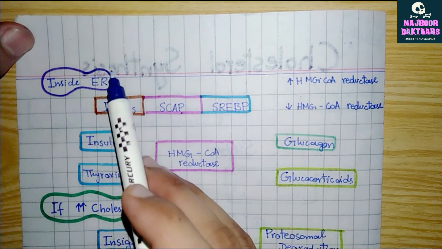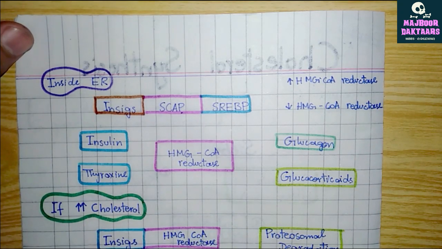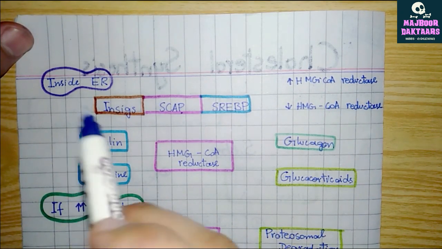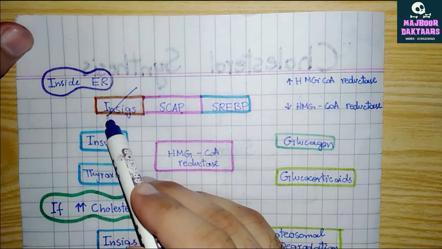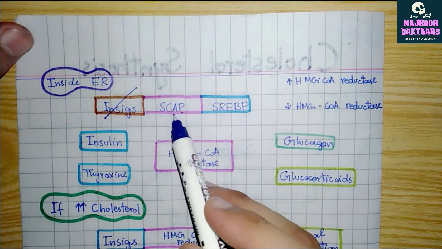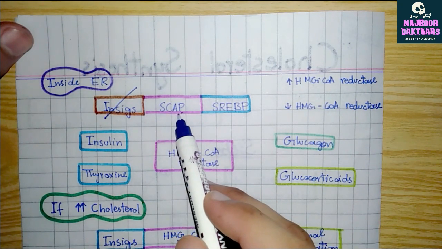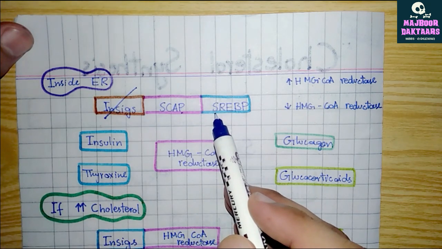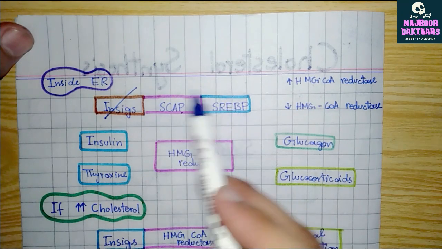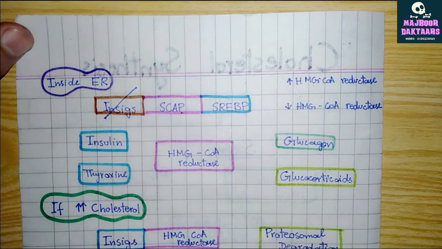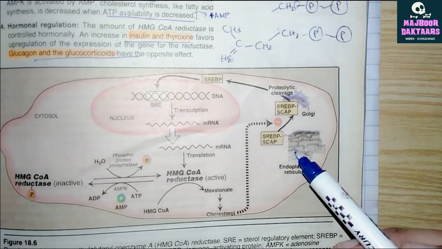Now, when there is a low cholesterol level in the body, the INSIG protein separates from this complex. So this complex, the cleavage activating protein and the sterol regulatory element binding protein, is released from the endoplasmic reticulum.